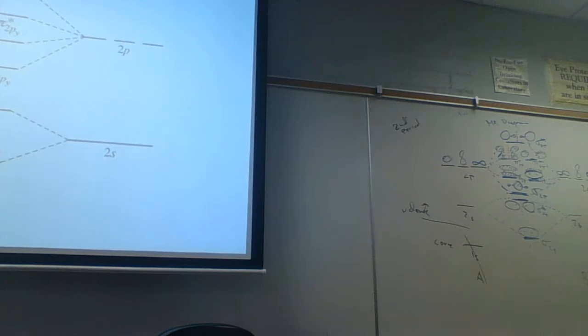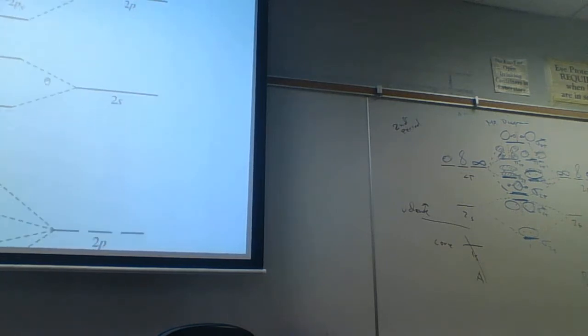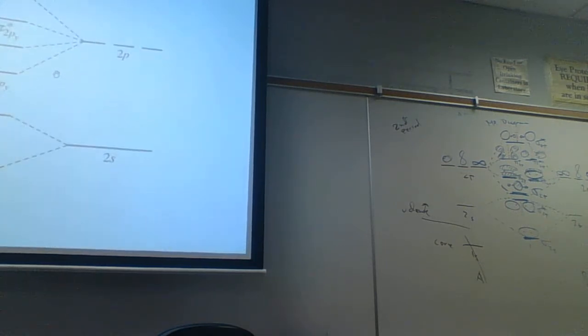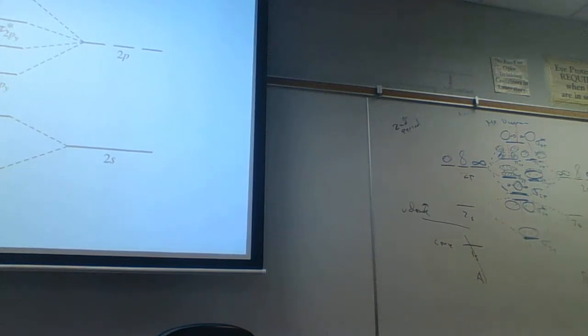Well, actually, that's the case up here. Sigma star, then pi star. Do you see what's different? What's different is this orbital here, the sigma 2pz. The sigma 2pz got bumped up higher in energy. And so we end up with two diagrams here. This is the normal diagram, and then we have the abnormal diagram.